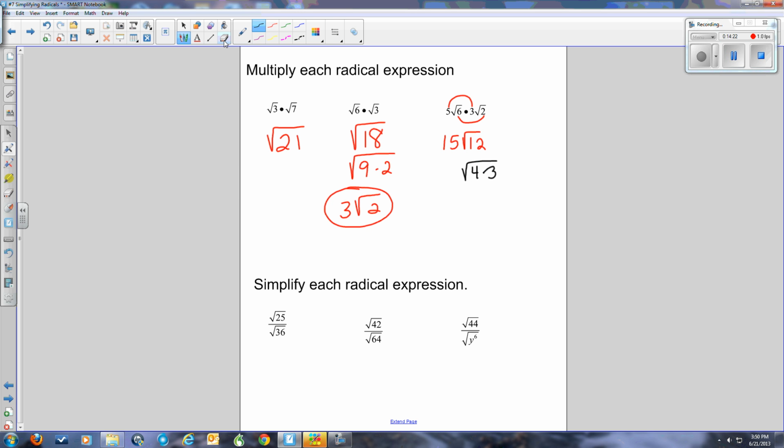We still have our 15 in front. We can take the square root of 4, which gives us 2, put that out front with the 15, and we still have the 3 under the radical. Now, you're multiplying these numbers together that are out front, so 15 times 2 gives us 30 square roots of 3.